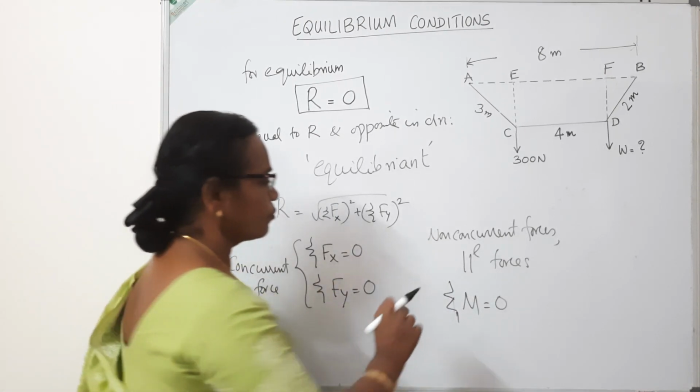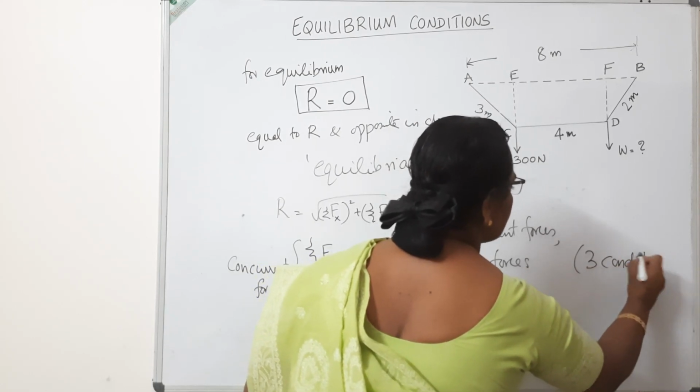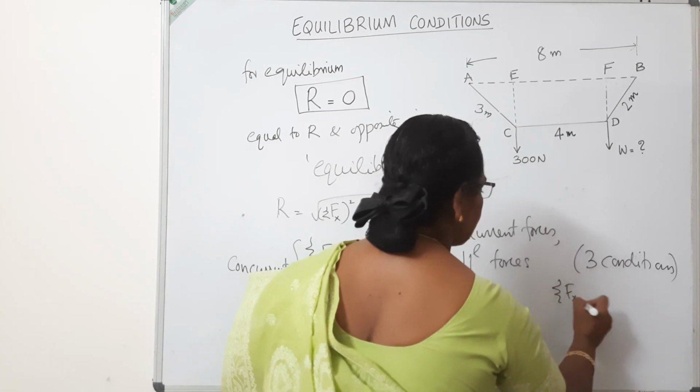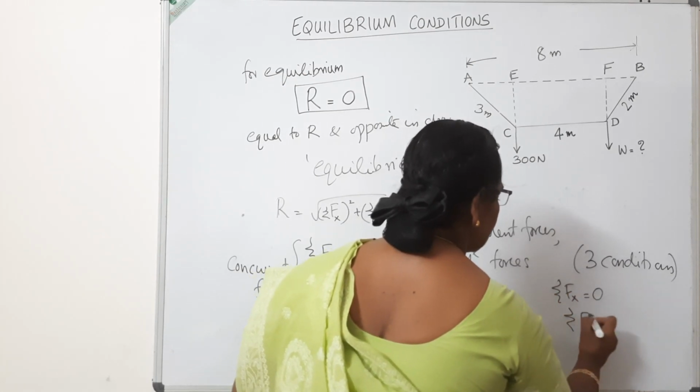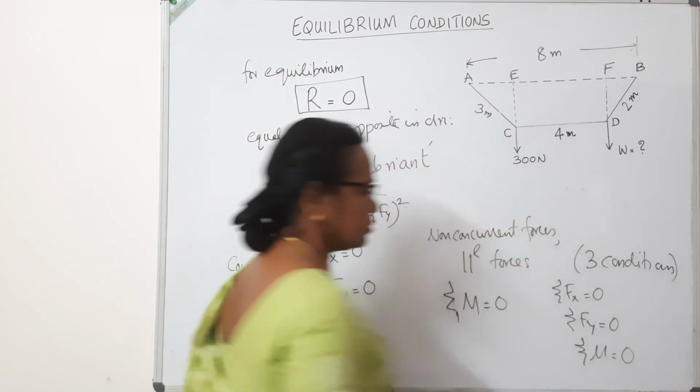So for non-concurrent forces, there are three equilibrium conditions: sigma Fx is equal to 0, sigma Fy is equal to 0, and sigma M is equal to 0.